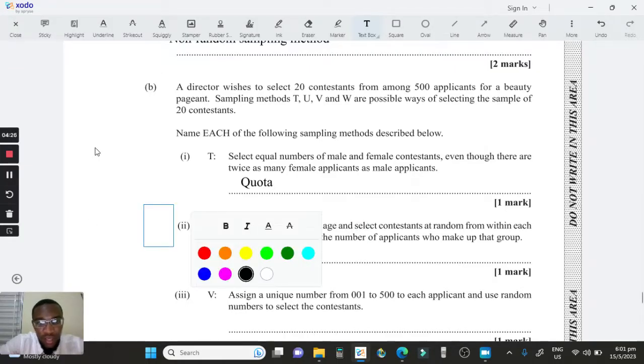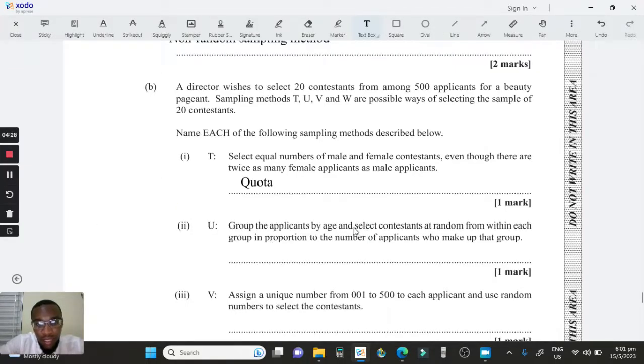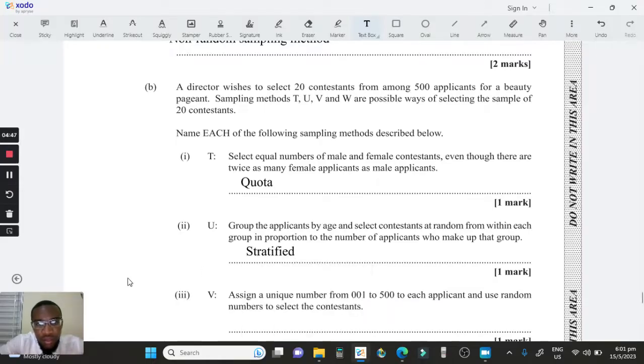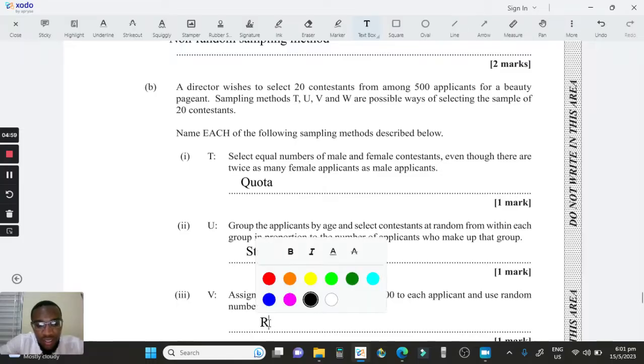Next: group the applicants by age and select the contestants at random. Notice the strata is by age and we're selecting randomly, so this is stratified, just like we did in part 1. Part 3: assign a number from 001 to 500 to each applicant and use random numbers to select the contestants.